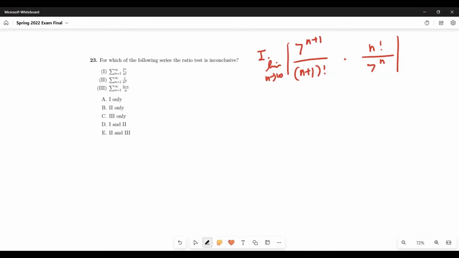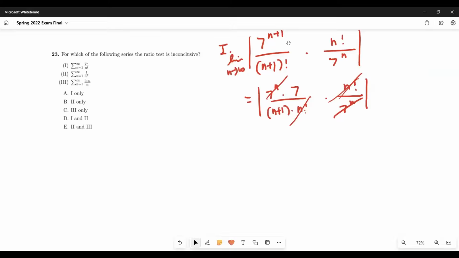This can be separated into 7^n times 7 over n plus 1 times n factorial over 7^n. The 7^n cancels out, n factorial cancels out, so all we are left with is 7 over n plus 1, which as n goes to infinity is just 0, which is less than 1. So it is converging, so it's not inconclusive. So it's not A, it's not D.